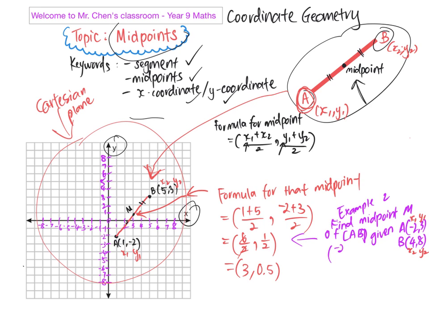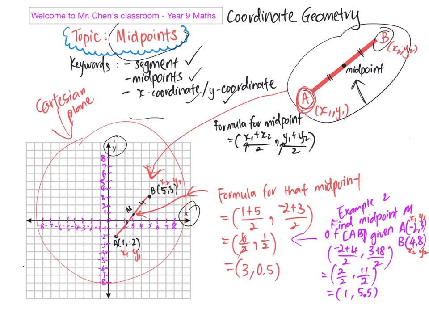So (-2 plus 4) divided by 2, comma, (3 plus 8) divided by 2. Remember, you just divide by 2. The reason you divide by 2 is to find the midpoint. So -2 plus 4 is 2, divided by 2 is 1, and 3 plus 8 is 11, divided by 2 is 5.5. At the end you will get (1, 5.5).